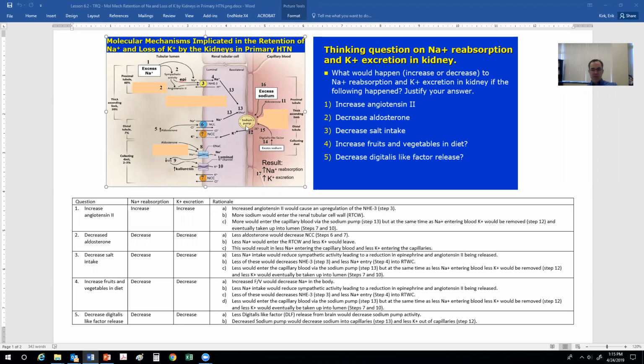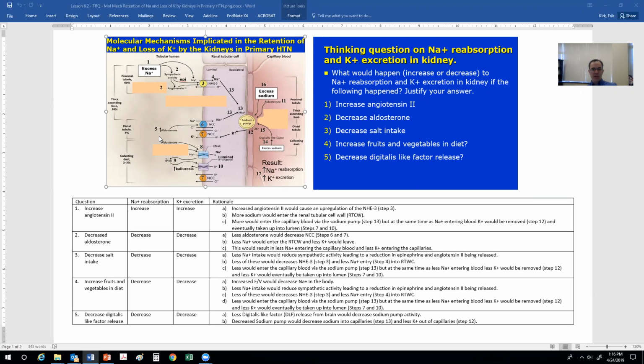At the same time, as sodium enters the blood, potassium would be removed and eventually taken up into the lumen. So this would increase the amount of sodium taken up by the renal tubular cell and eventually moved by the sodium pump. And as the sodium pump is moving sodium into the capillaries, it's also removing potassium. So you'd have an increased reabsorption of sodium and increased excretion of potassium.